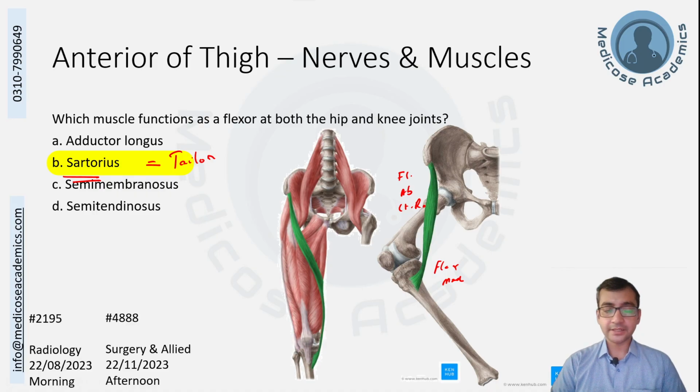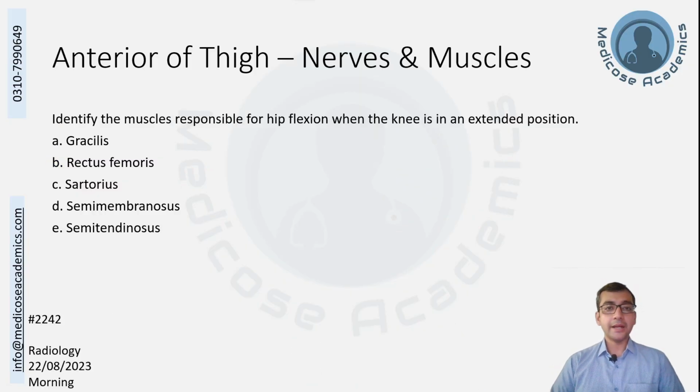Adductor longus is the adductor. Semimembranosus and semitendinosus are extenders of the hip and flexors of the knee. Identify the muscle responsible for hip flexion when the knee is in extended position. Try to imagine this position: when you flex the hip joint and extend the knee, you are basically kicking.